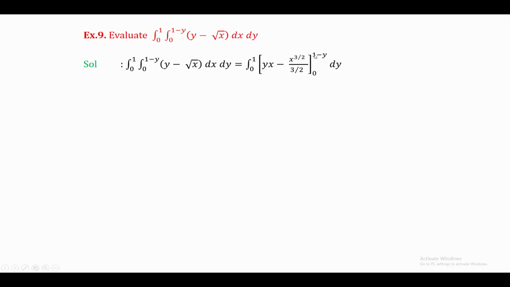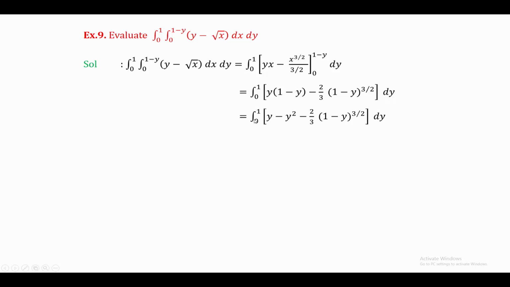Now first put the value of x as 1 minus y, minus put the value of x as 0. Equal to integration limit 0 to 1 inside the bracket y. Put the value of x as upper limit 1 minus y, minus of 1 upon 3 by 2, which means 2 by 3, times 1 minus y raised to 3 by 2. Now put the value of x as 0, so this is 0. Put x as 0, this term is 0, means all x terms are 0, dy.